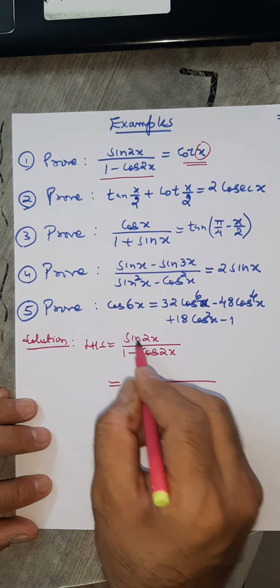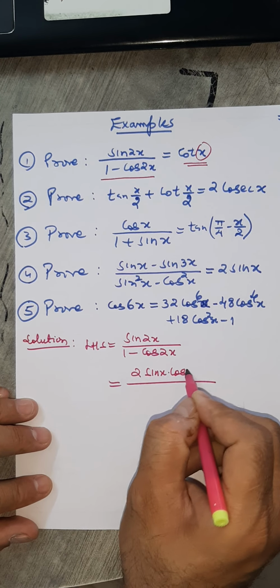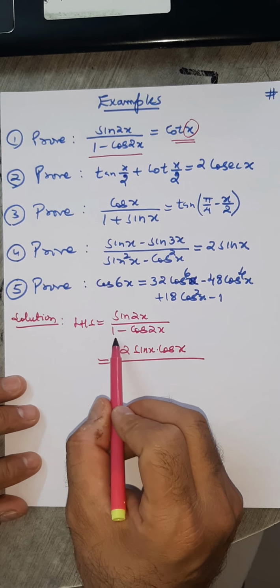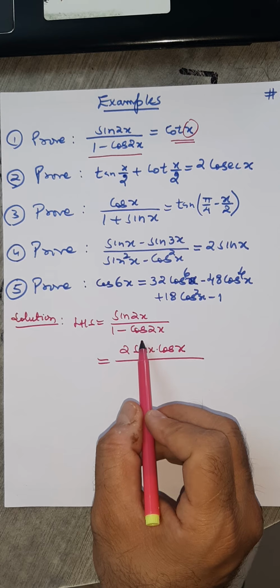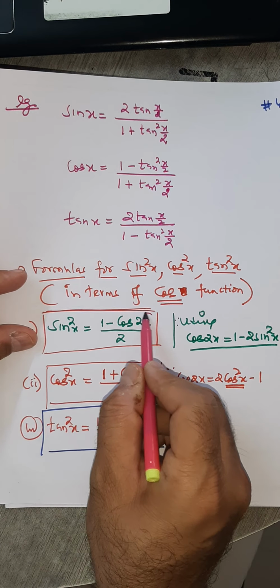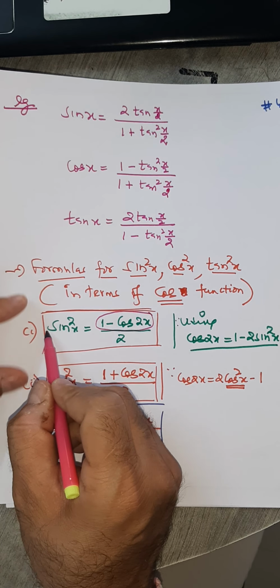Now what is sine 2x? You know the formula, 2 sine x into cos x. Now what about 1 minus cos 2x? If you remember the last double angle formula, 1 minus cos 2x, you can write 2 sine square x.